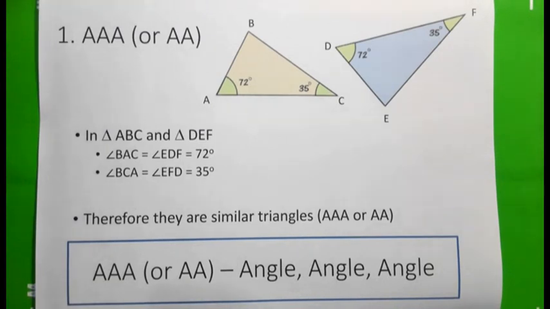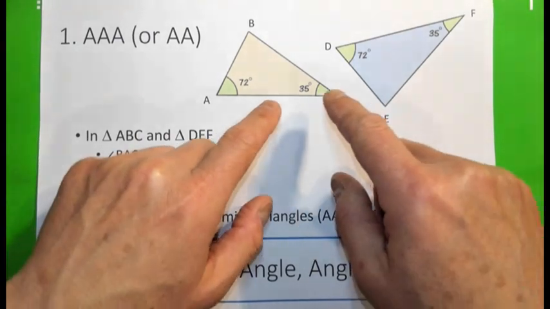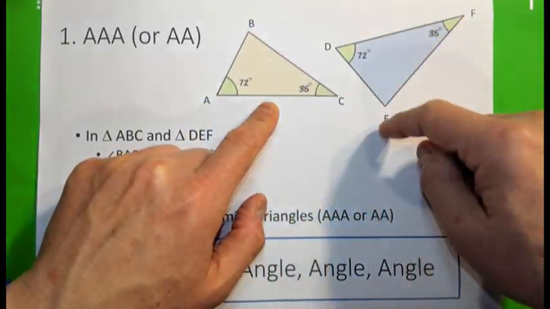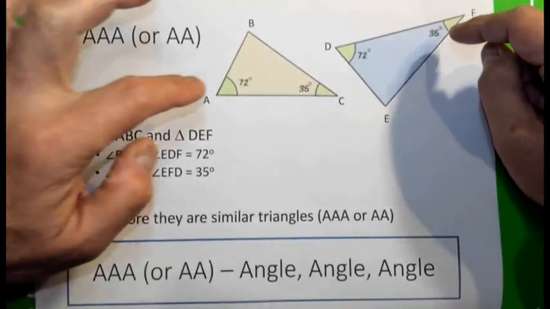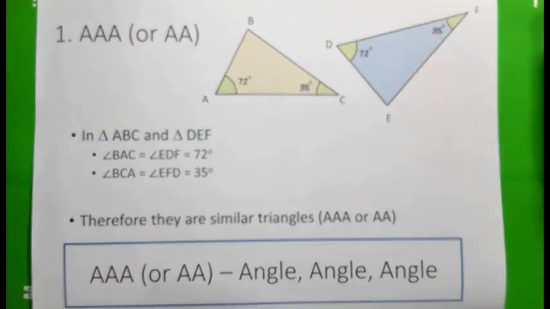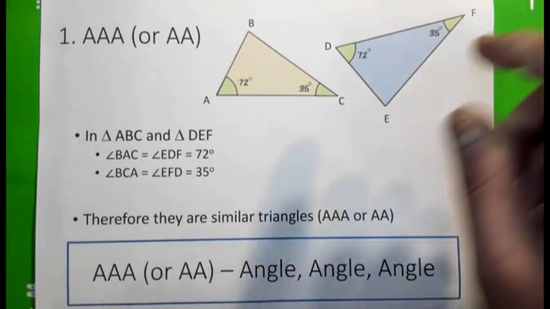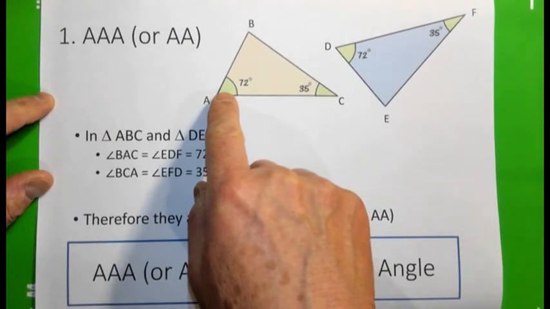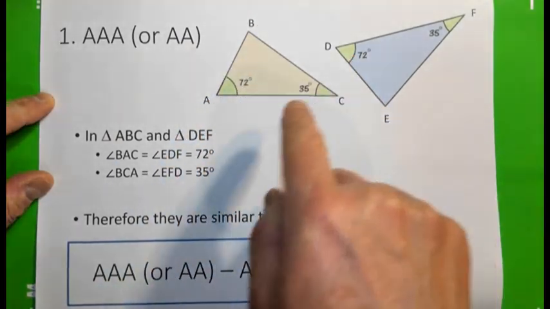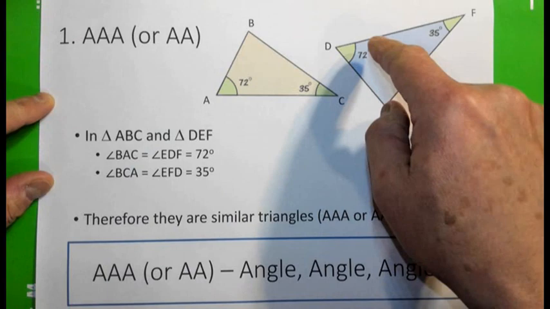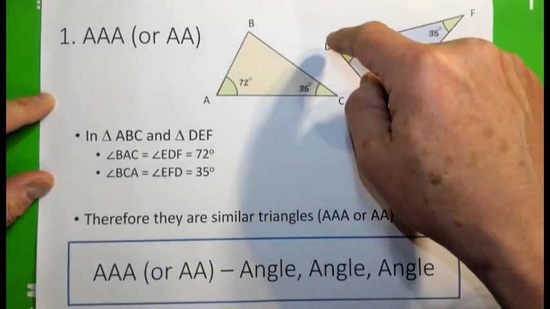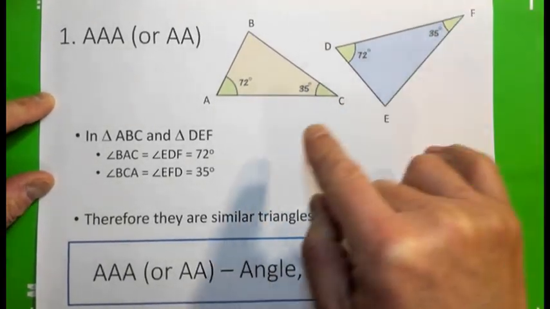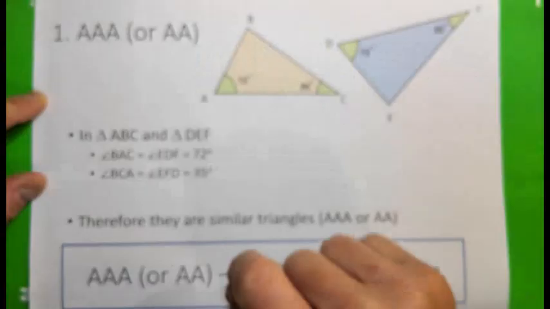Let's have a look at the first proof, AAA or AA. Now, we are given 2 triangles ABC and DEF, and we need to prove that both triangles are similar. We know that in triangle ABC, the angle A is the same as angle D of triangle DEF because they are both 72 degrees.